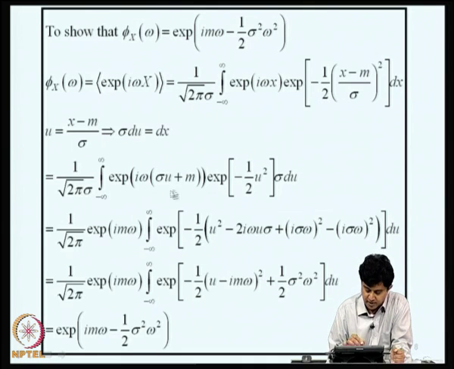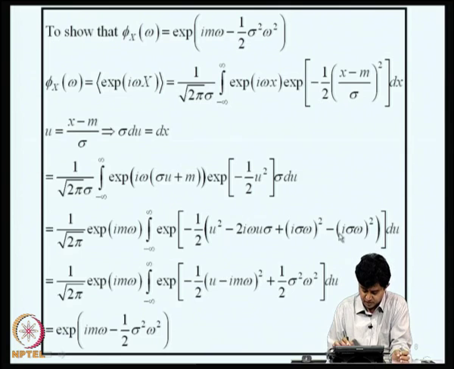Terms not containing u can be pulled outside, and this i omega sigma u can be taken inside the exponent, and this can be rearranged so that we get a proper square and a remaining term.